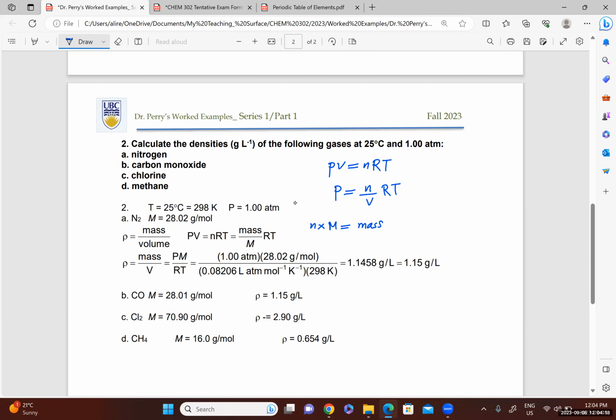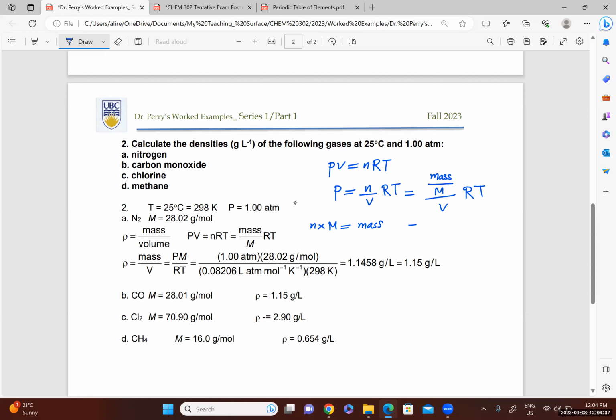Therefore, we've got the number of moles in this equation, right? So how to get the mass? Now, instead of n, I'm going to use mass over M, divided by V, RT.